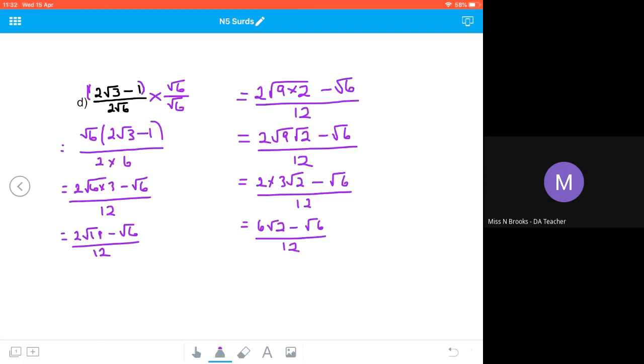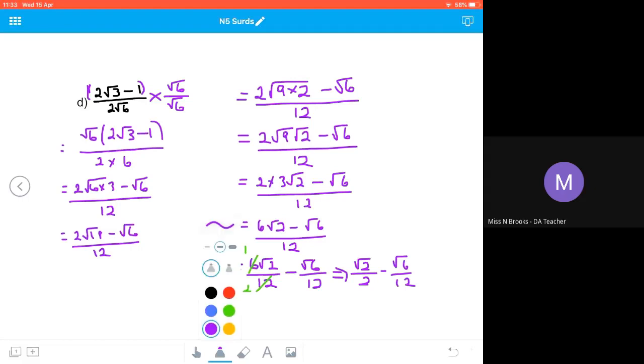Now I can't simplify that any further unless I split it into 2 separate fractions. I could, though it's not necessary, separate that into 6 root 2 over 12, take away root 6 over 12, which allows me to simplify the first fraction, because 6 and 12 are both in the 6 times table, giving a final answer of root 2 over 2, take away root 6 over 12.